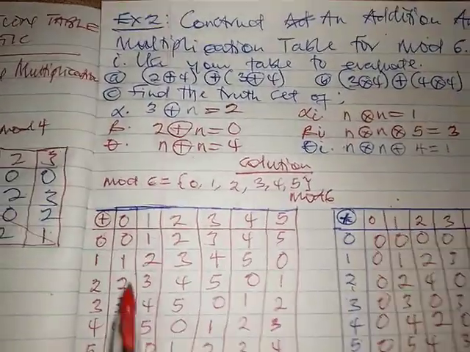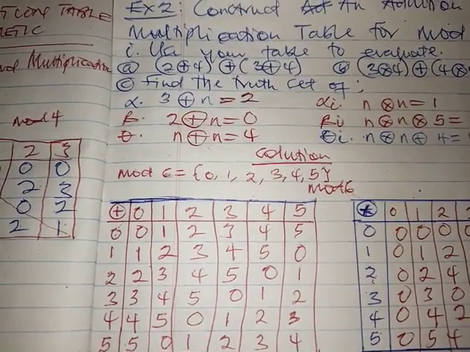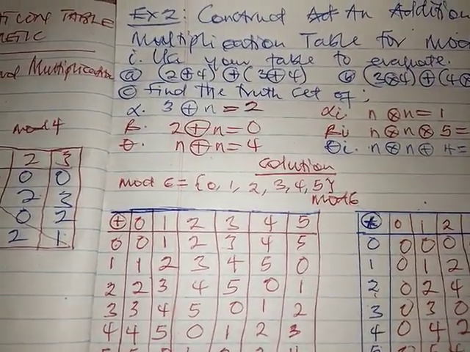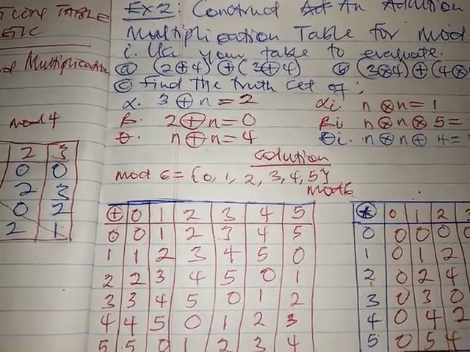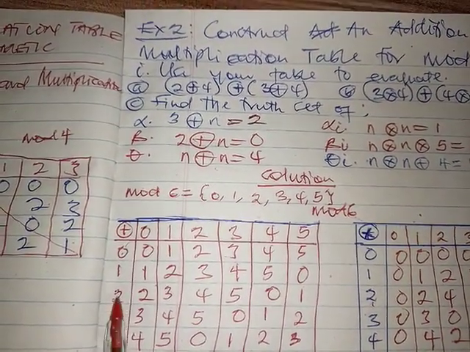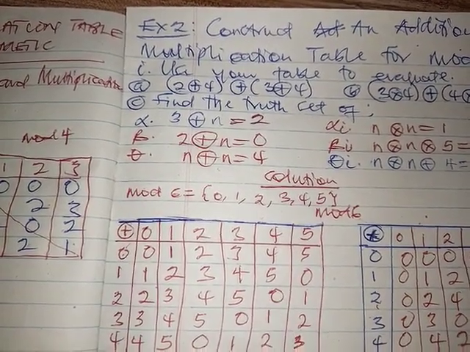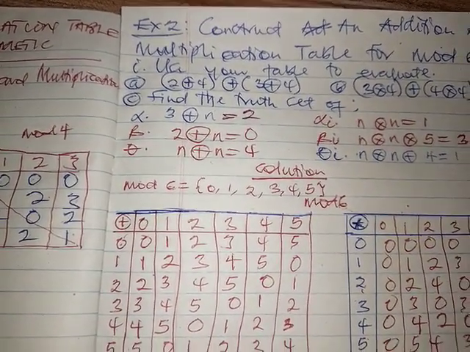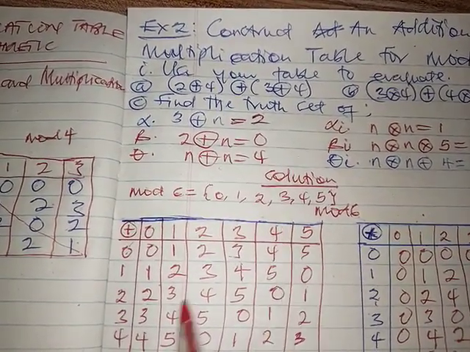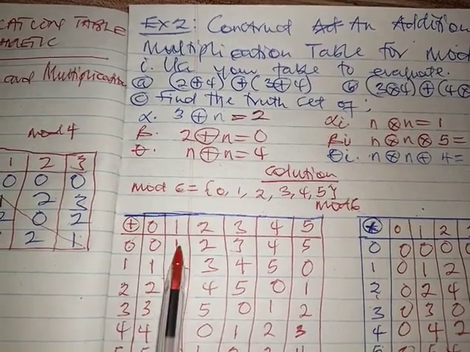Now let's go to the real problems. The first problem is 2 plus 4 plus 3 plus 4. Now 2 plus 4, the answer plus 4, we had 0, and 3 plus 4, we have 1, and 0 plus 1 is 1.